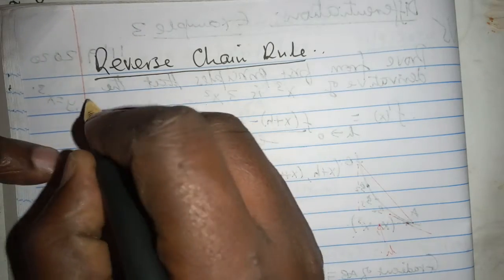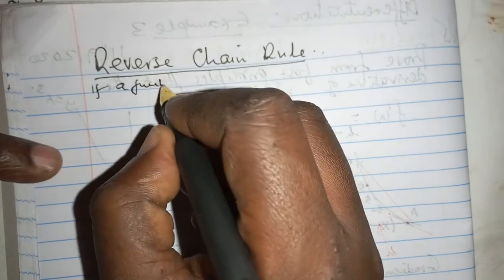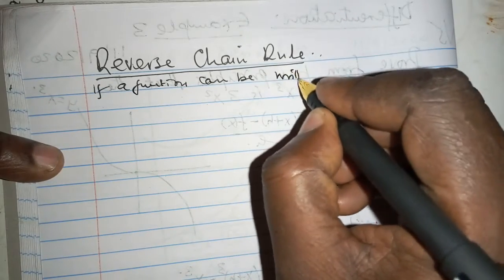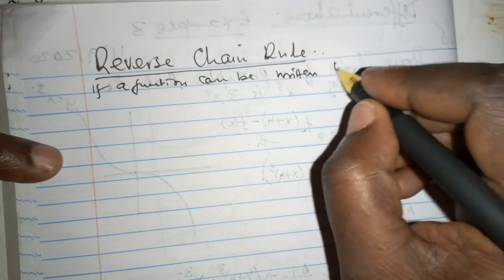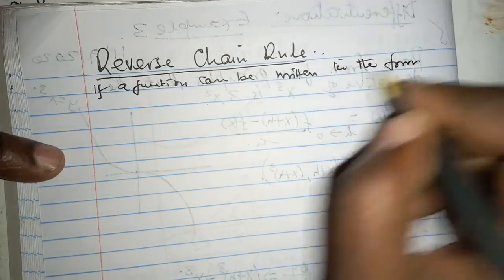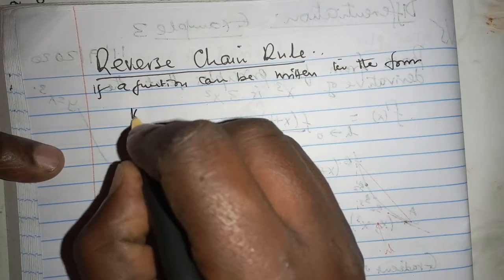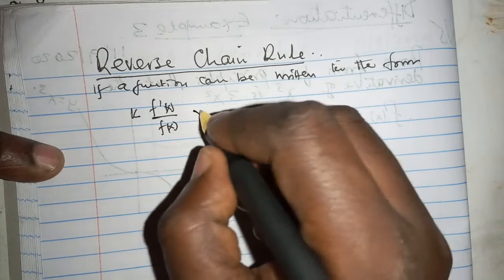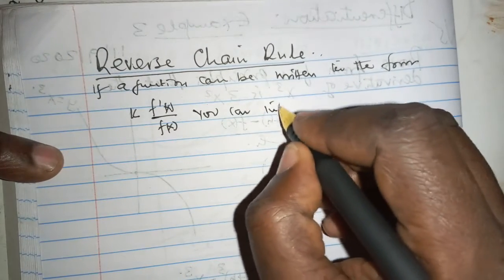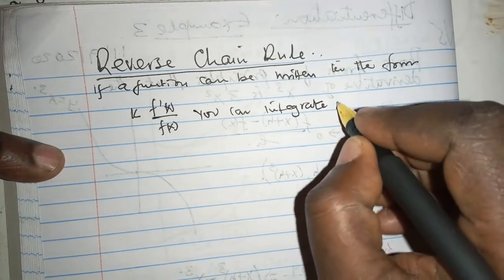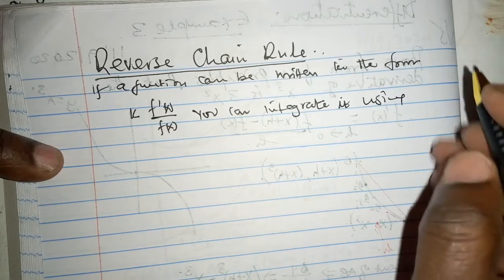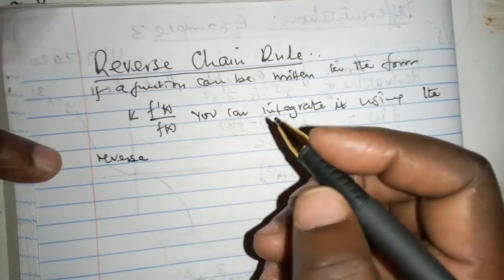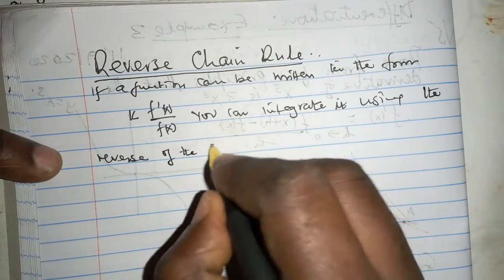And we are told that if a function can be written in the form k f prime x, that is the derivative of the function of x, you can integrate it using the reverse of the chain rule.